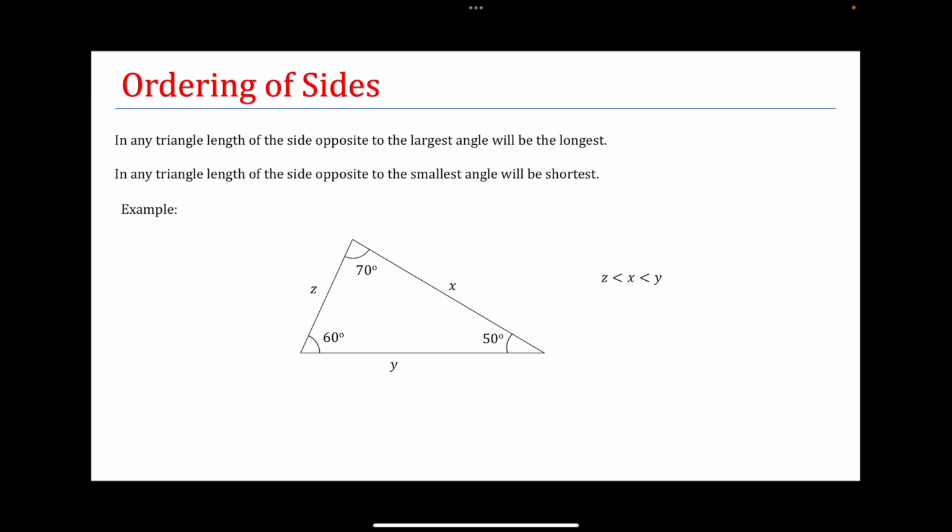So Z is the smallest angle, and next highest angle is 60 degrees. So X is the next highest longest side, and the longest side is Y. So the ascending order of the sides is Z, X and Y. So the side opposite to the smallest angle is smallest, largest angle is longest.